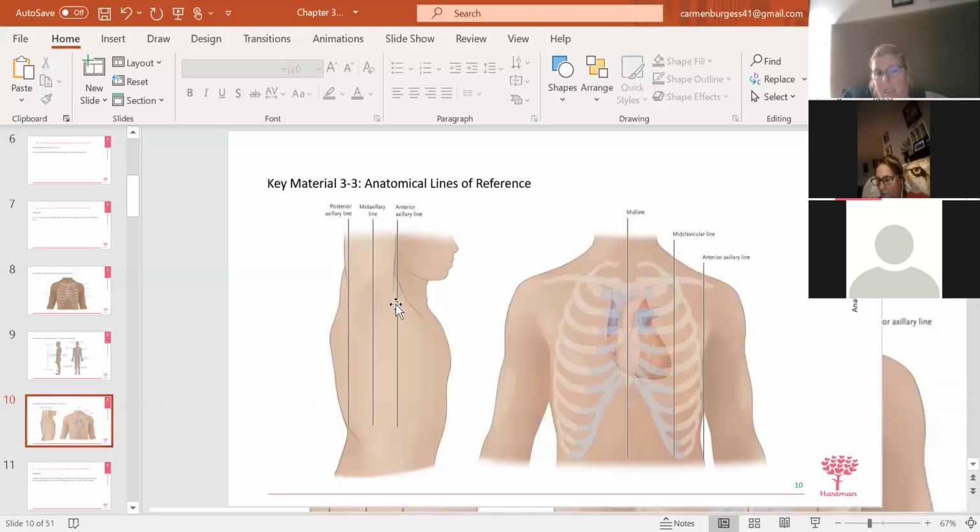You see how this person is a side view? That's your anterior, and then your mid-axillary. And your posterior is towards the back. If you lift your arm up over your head and feel your armpit where you shave and draw a line straight down, that's your mid-axillary line. You can't really see it from the front, but everything cuts into lines. If you just make an imaginary line, you won't have any problem. Mid-axillary will just be in the middle of that armpit.